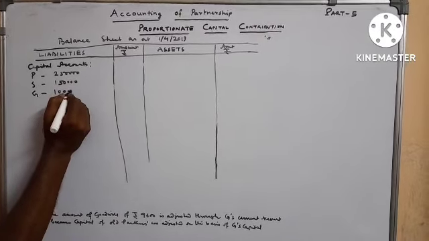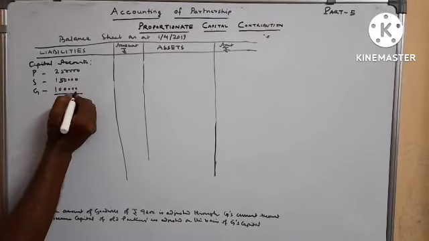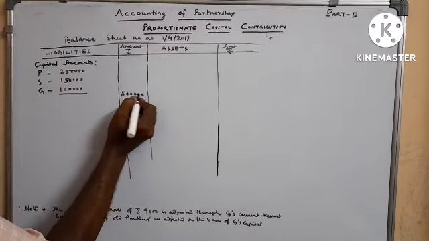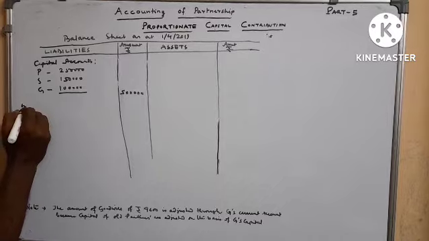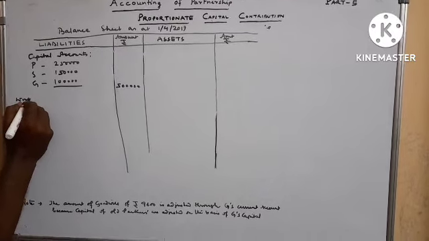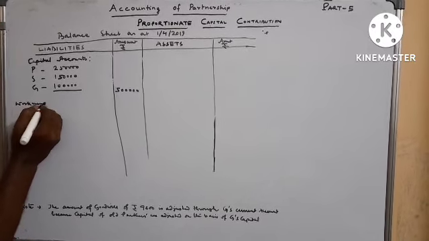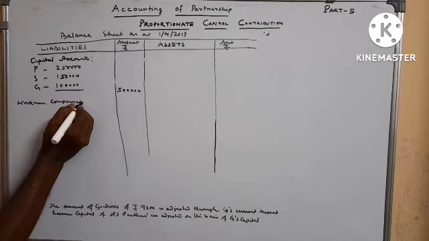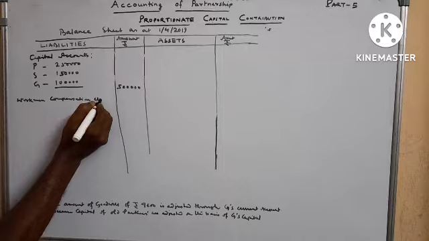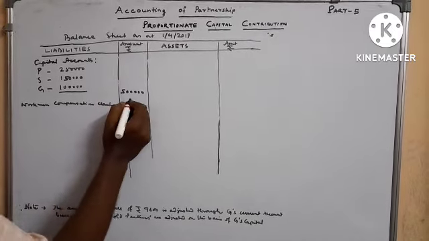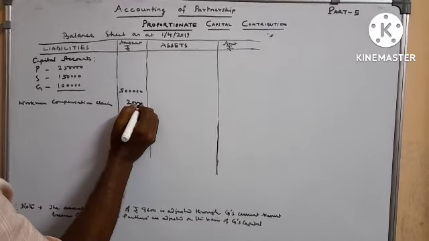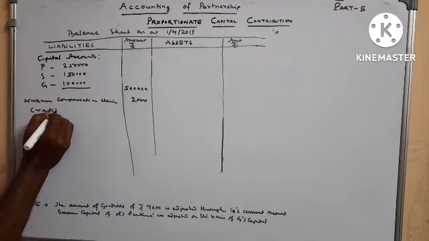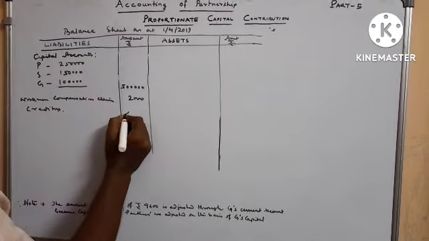G how much? 1 lakh. Total becoming 5 lakh. Next one, workman compensation claim. Claim how much? 2,000. Next one, creditors. How much? 40,000.